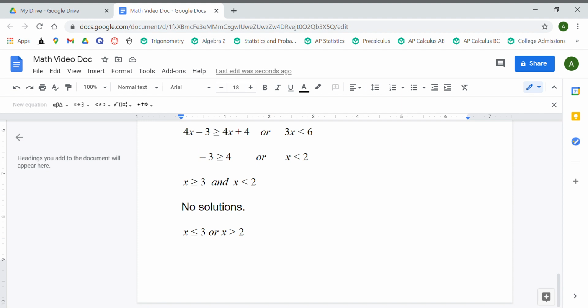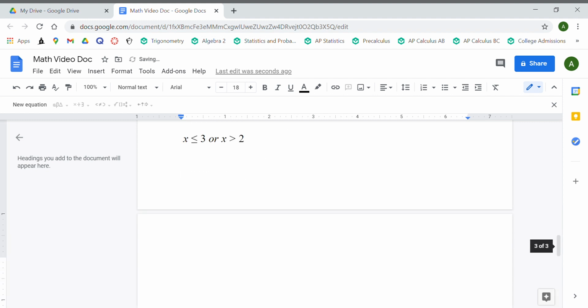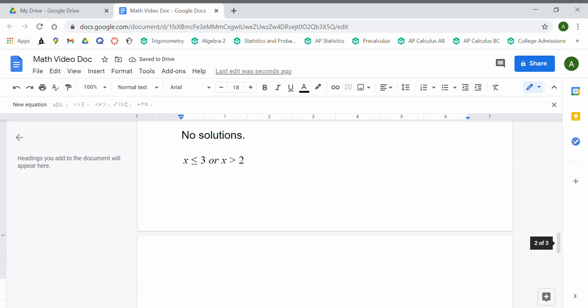OR inequalities do not require an overlap. However, the graphs of these do overlap. And so there just so happens to be infinitely many solutions here.